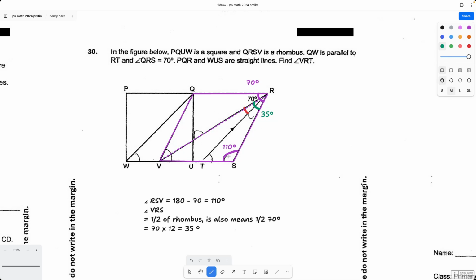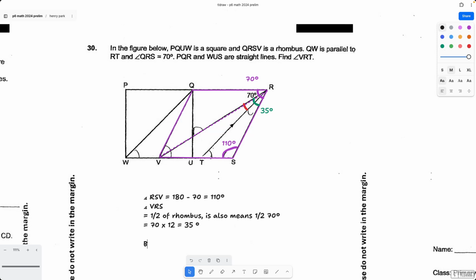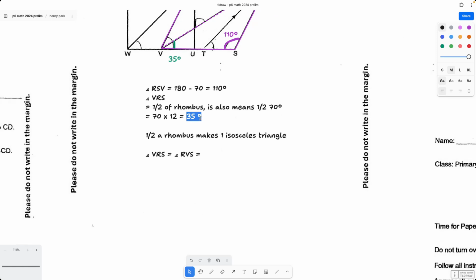Opposite, so this is an isosceles triangle. So angle RVS is the same as VRS, equal to 35 degrees as well. So half a rhombus makes one isosceles triangle.